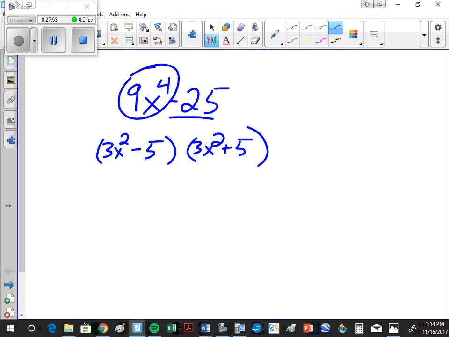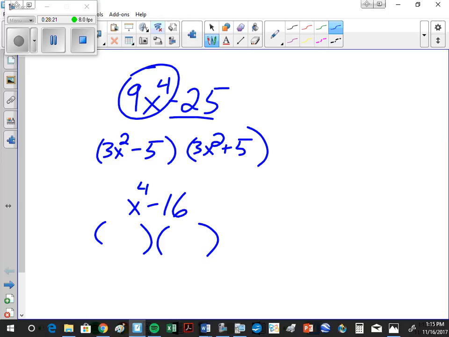What if I had x to the fourth minus 16? How is that going to factor? Is it something squared minus something squared?